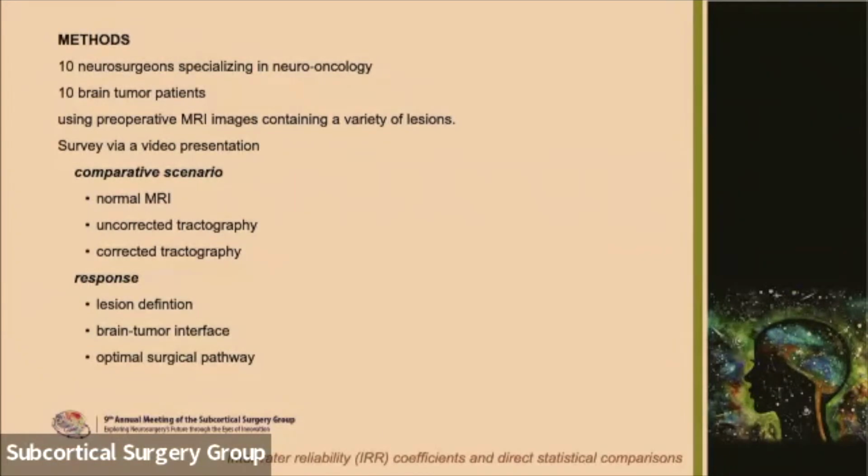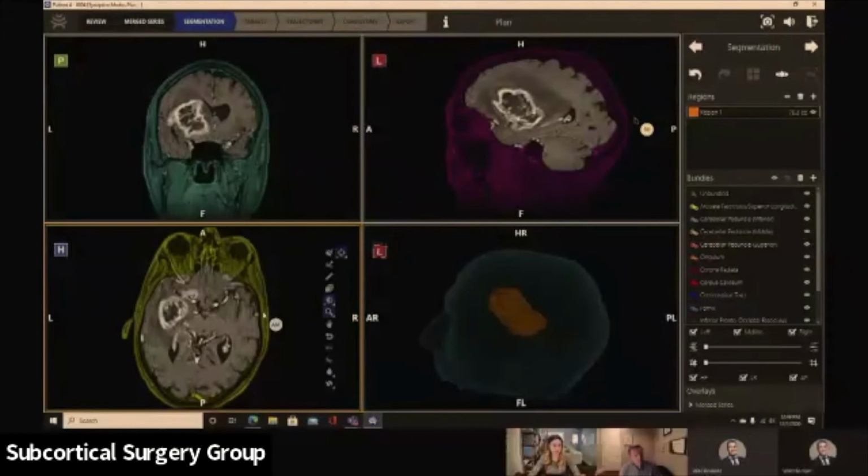And we looked at the definition of the lesion, the brain tumor interface, the optimal surgical pathway, and a few other things like if they could guess if a tumor was intrinsic or extrinsic, or if the tracts are infiltrated or disrupted or displaced. And this was done via video.